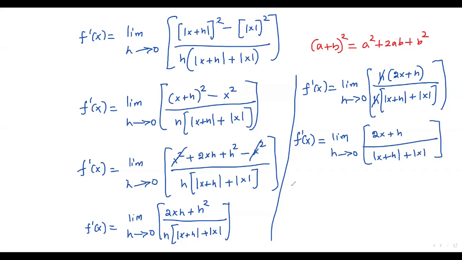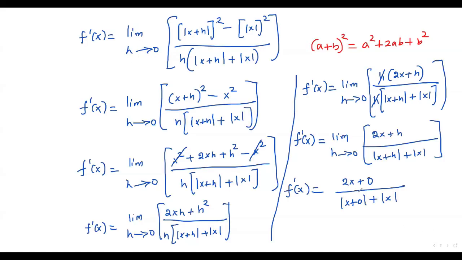Now we can plug in the limit value 0 for h in this expression. So we get 2x plus 0 in the numerator, and the same thing in the denominator: the absolute value of x plus 0 plus the absolute value of x. In the numerator, 2x plus 0 is 2x, and the absolute value of x plus 0 is the absolute value of x.